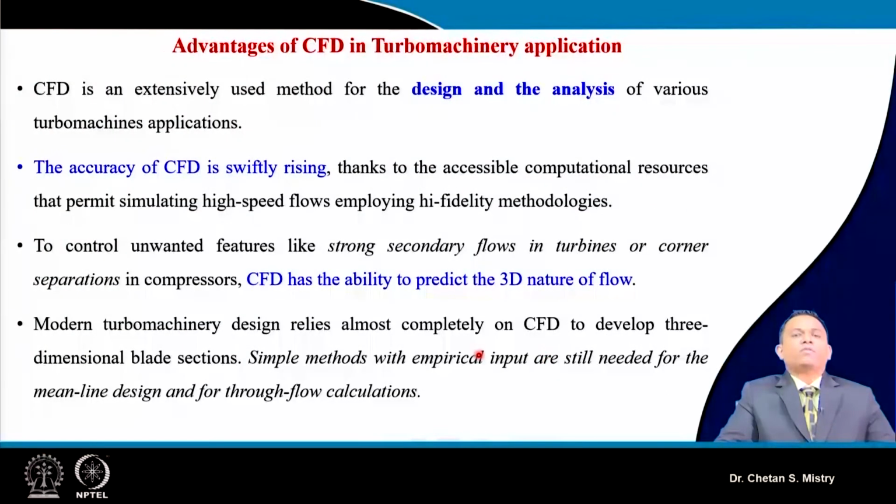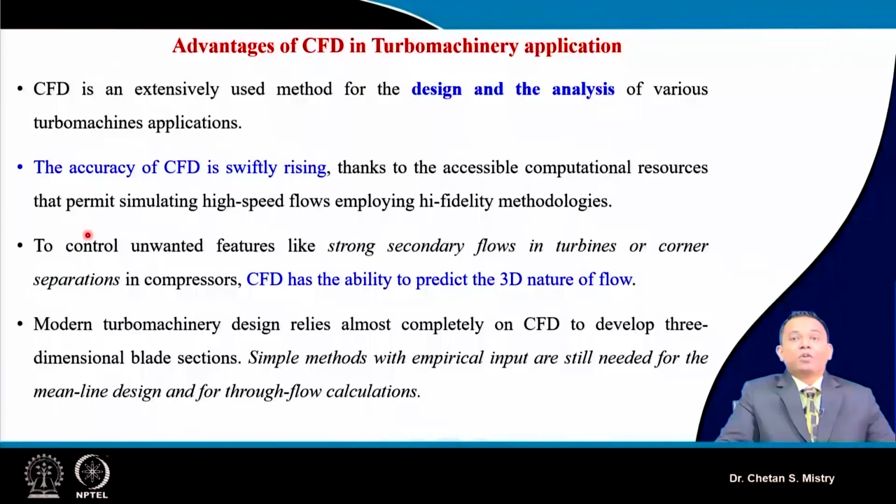Overall, CFD is now a helping hand for the design and analysis of different turbomachinery. Its use has been increasing day by day, because we are able to simulate high speed flow with high fidelity methodologies.